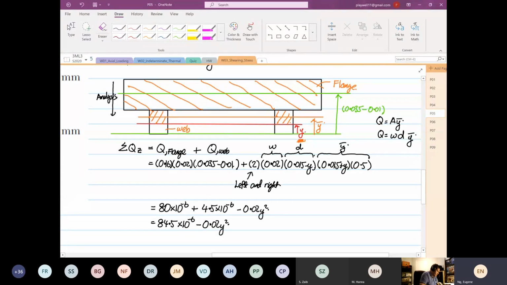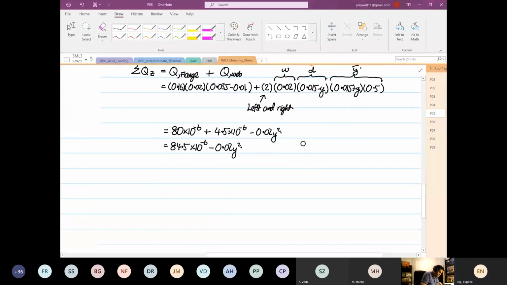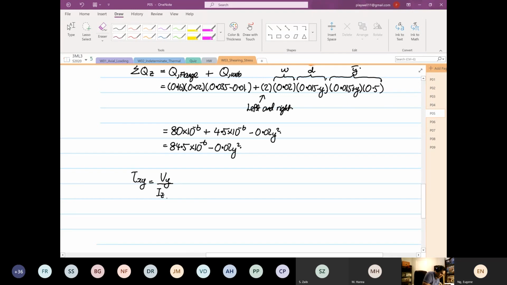And then we have to consider the shear in the xy direction, which will be equal to Vy over Izz, multiplied by Qz divided by t.